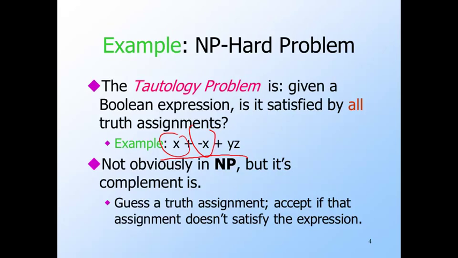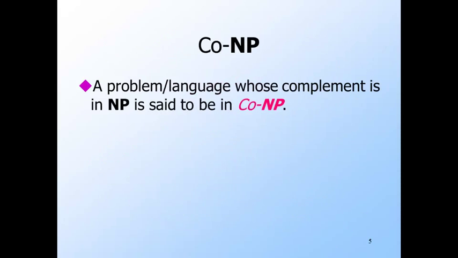On the other hand, if the non-deterministic machine accepts whenever it finds the value to be true, it accepts the satisfiable expressions, not the tautologies. The class of languages called co-NP is those languages whose complement is in NP. For example, we just argued that the tautology problem is in co-NP because the non-tautologies are in NP.